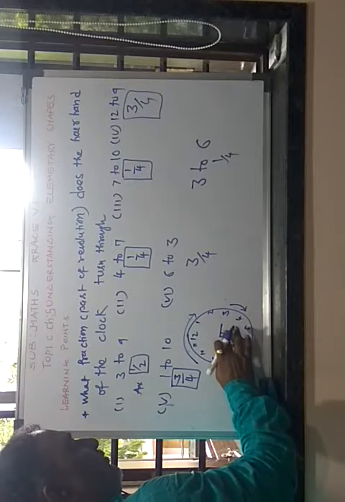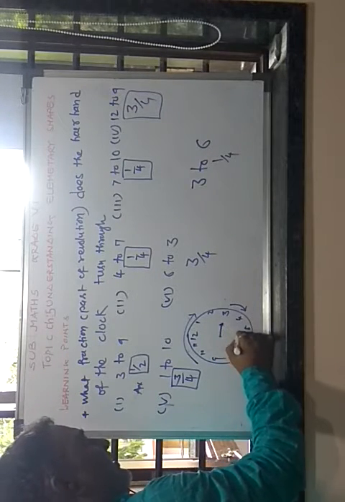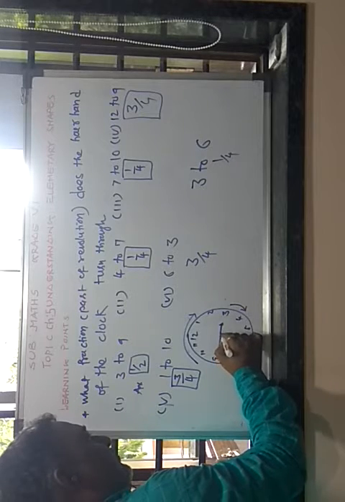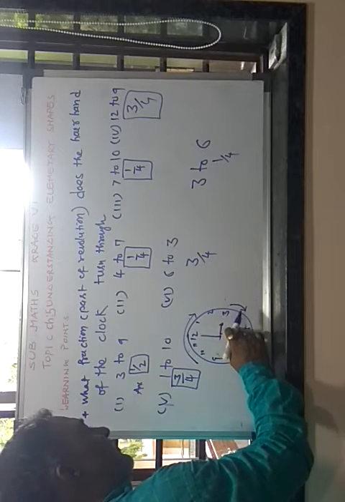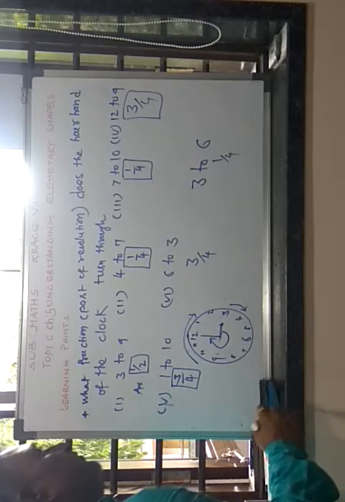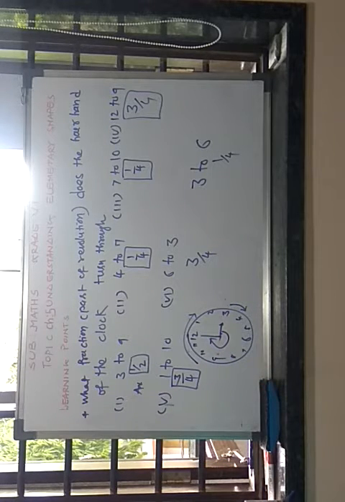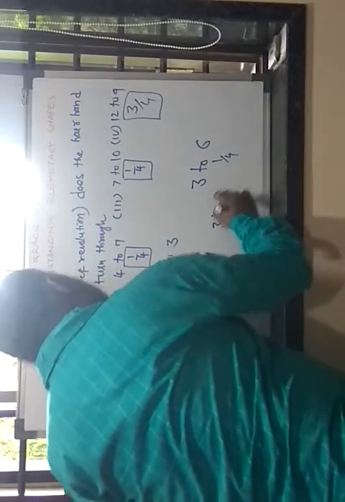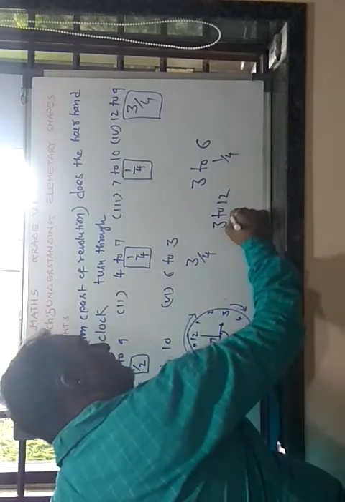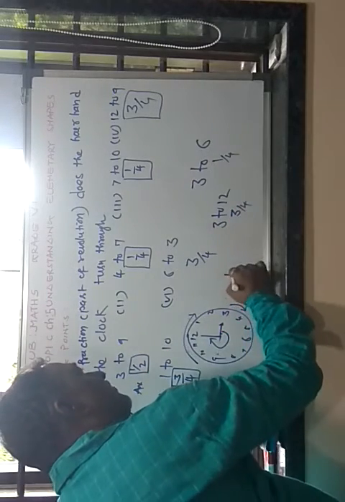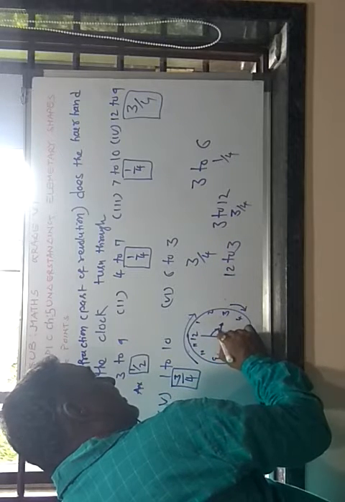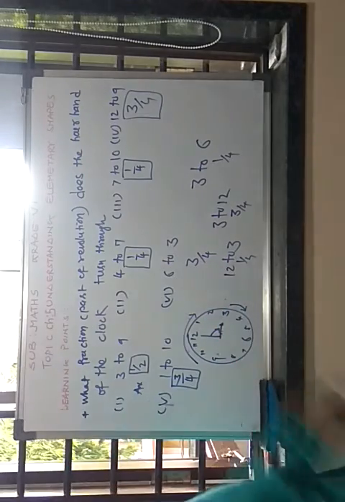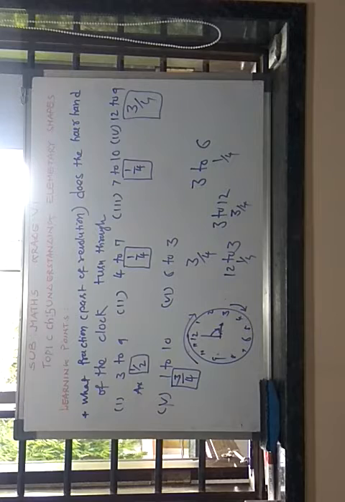And 3 to 9, it goes like this, so it will be half. Okay. 3 to 12, from here 3 to 12, it will be 3/4. And 12 to 3, clockwise. So I think students, you got a clear-cut idea of what fraction of a revolution it is.